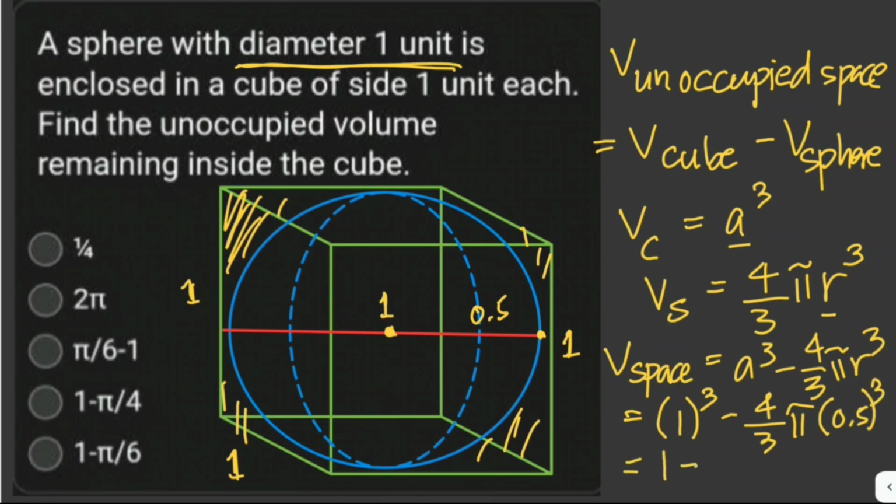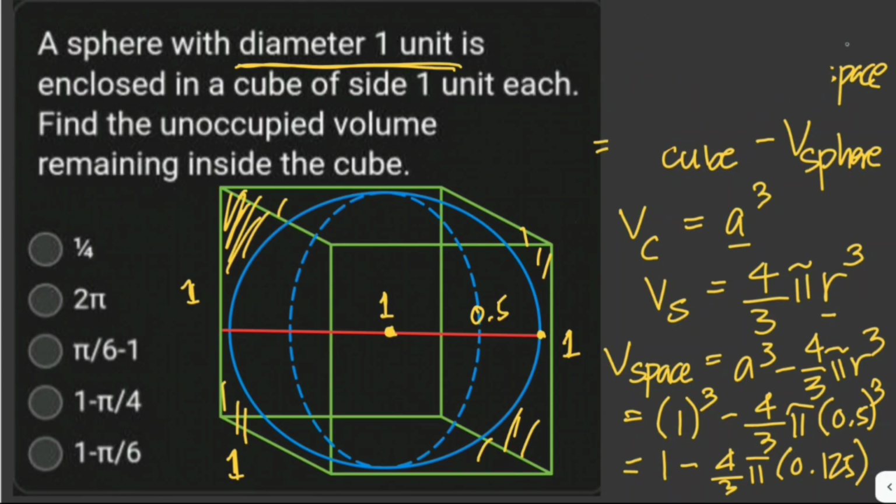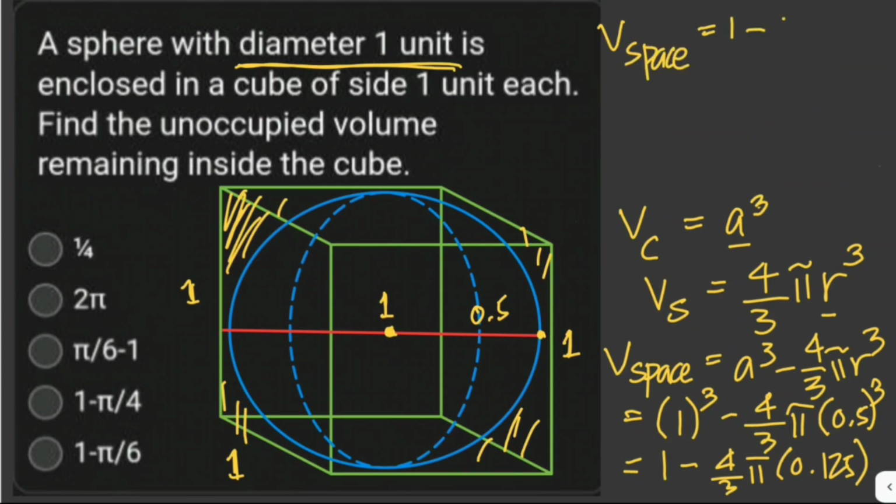So this is 1 minus 4/3 pi times 0.125. Simplifying this further would give us 0.5 pi over 3.